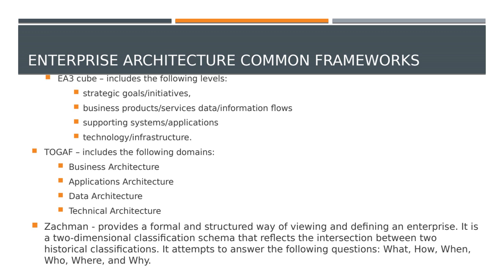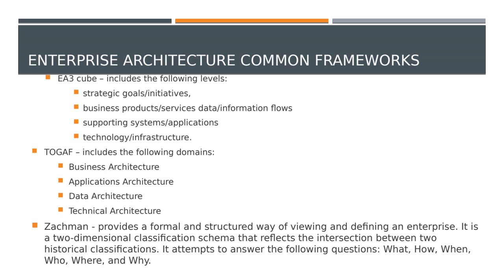TOGAF, very important. TOGAF has different domains. So there we have levels in TOGAF, we call it domains. We have business architecture, application architecture, data architecture, technical architecture. That's why TOGAF is very popular. You see, they are using domains and they are easy to study.